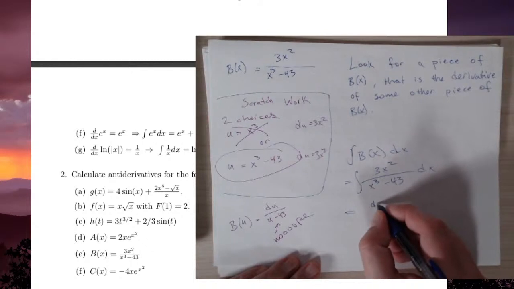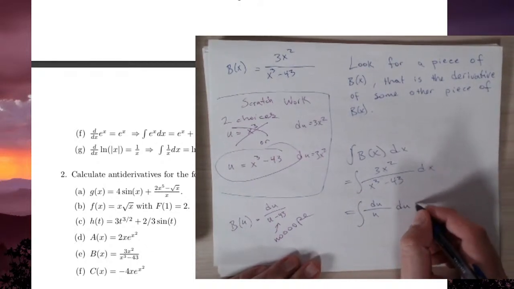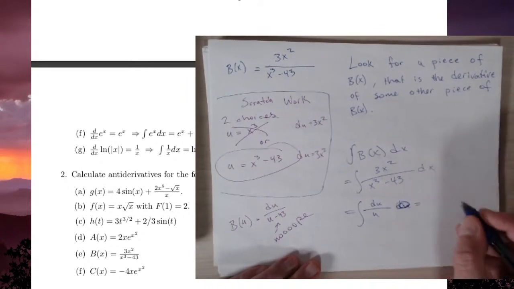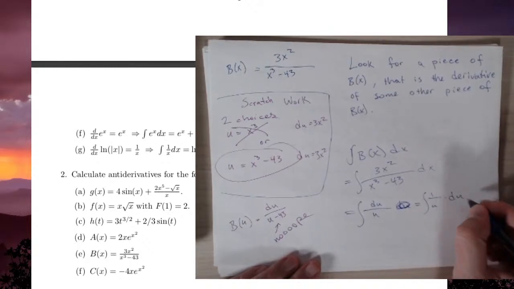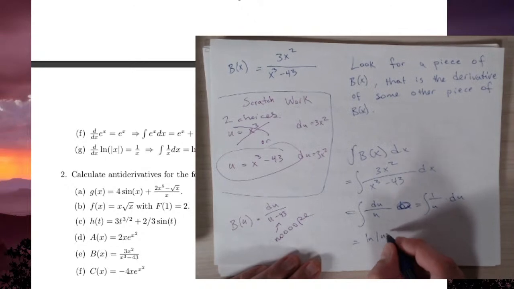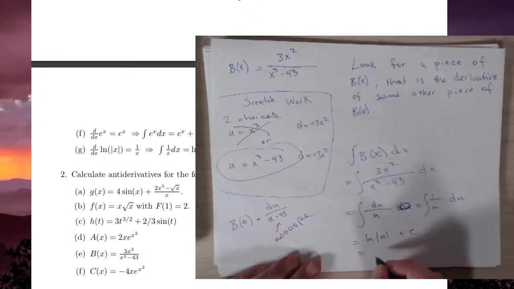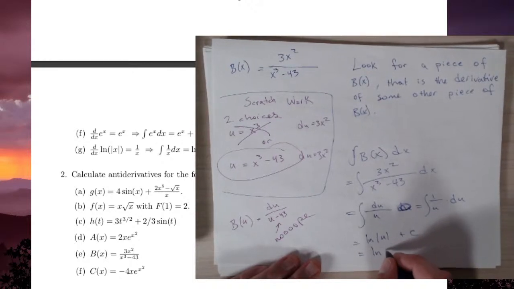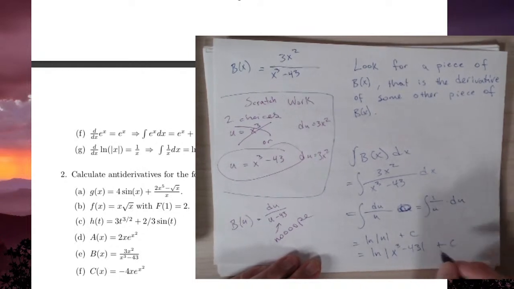So we'll get du over u. But this is just a fancy way of saying 1 over u times du, which we know to be the natural log of the absolute value of u, plus a constant. Then we substitute back, so it's the natural log of the absolute value of x cubed minus 43, plus c.